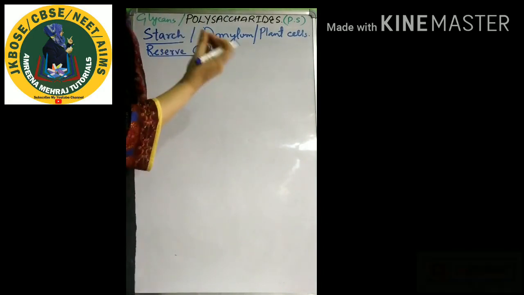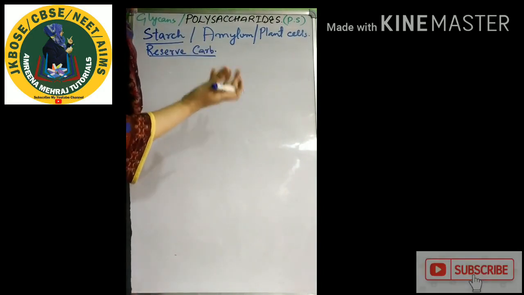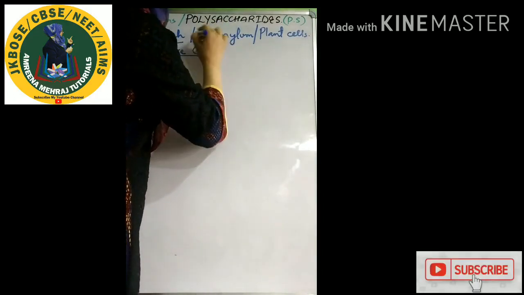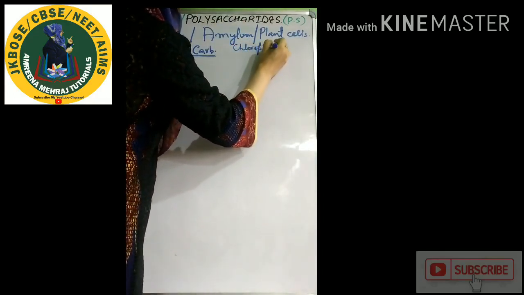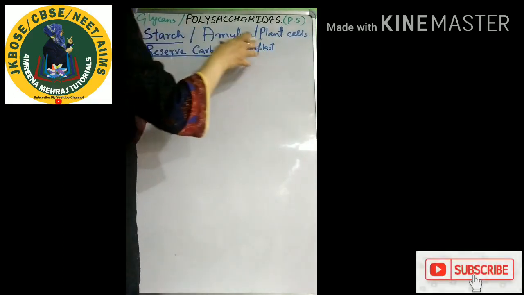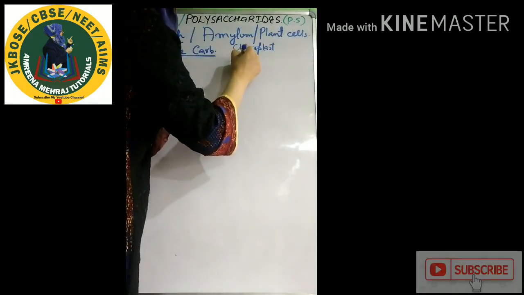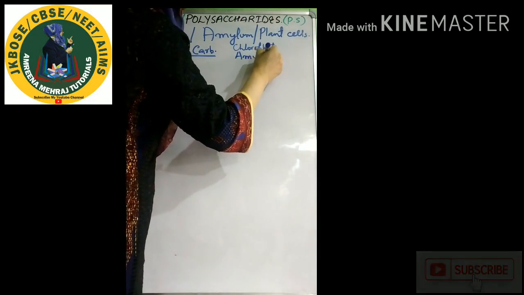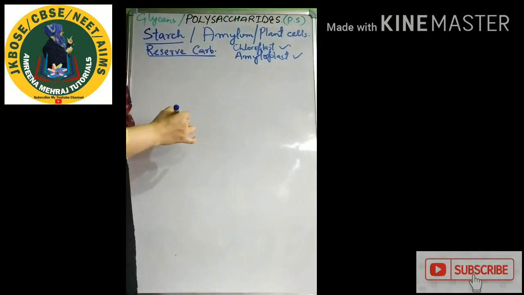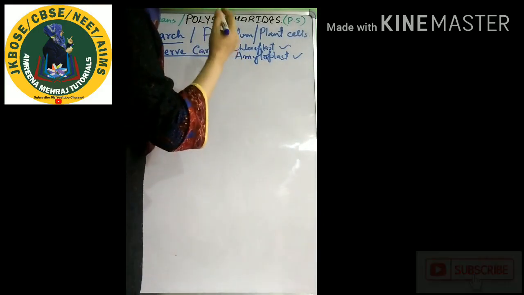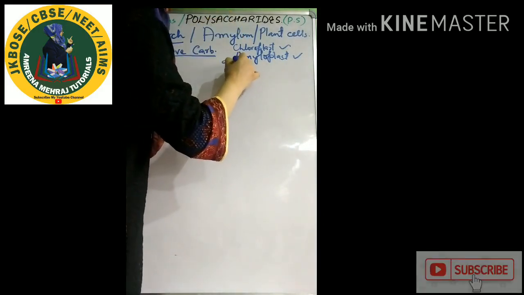And in which part of the plant you will find it? Specifically, you will find this starch in chloroplasts, which is the organelle. At cellular level you will find it in chloroplast, and in plastids called amyloplast. These are the two places where you will find starch. Starch is present in the form of grains.